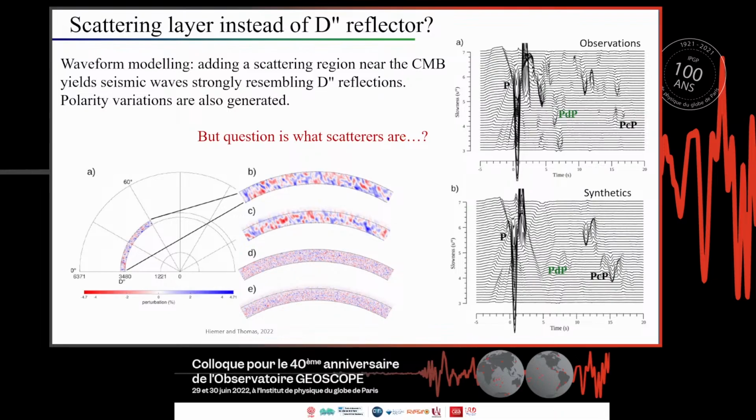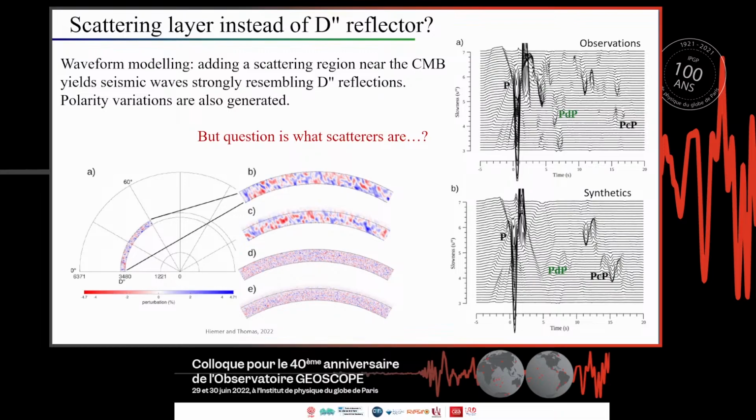She tried lots of different tapers and different models, and what you can see on the right side is that at the top we have an observation of what we would call a PDP wave, and the synthetics at the bottom. This is due to a scattering region with a very long taper, so there is no sudden onset of scattering, which could be the cause, of course.